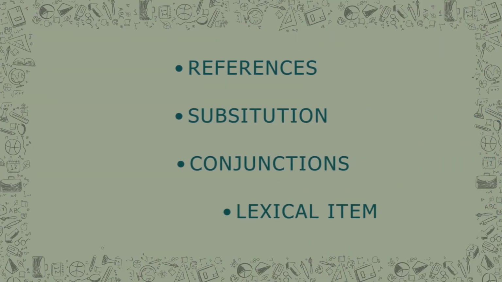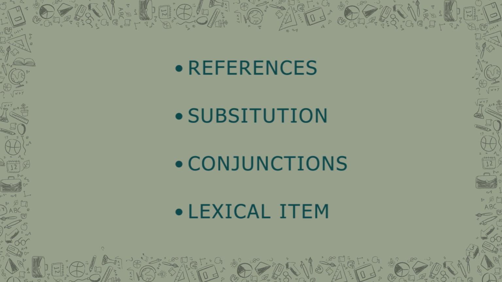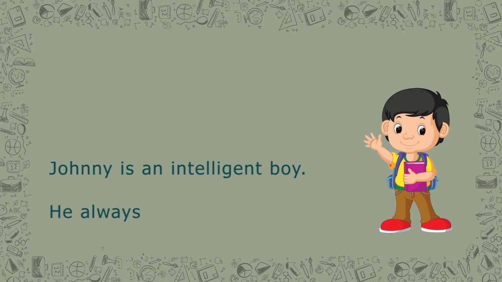Sentences that are presented as a whole are linked and related to each other by specific cohesive devices, for example, references, substitution, conjunctions, and lexical items. Let's see some example sentences of references. Johnny is an intelligent boy. He always stands first in the class.